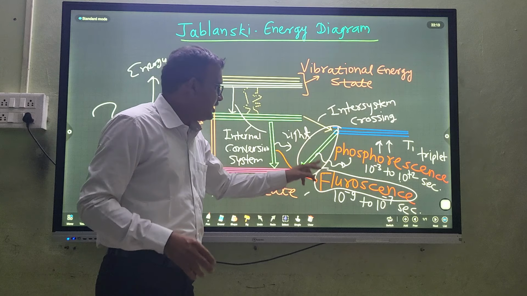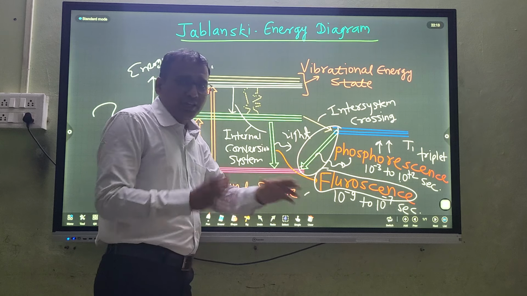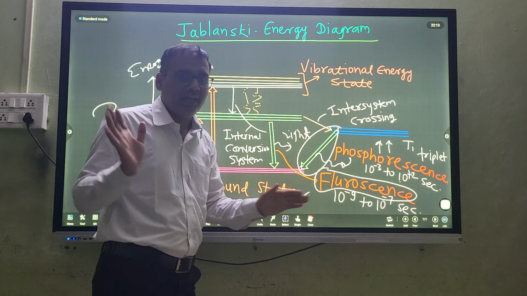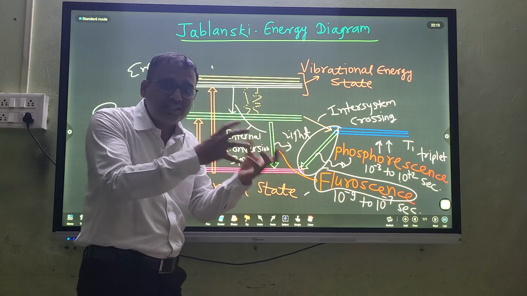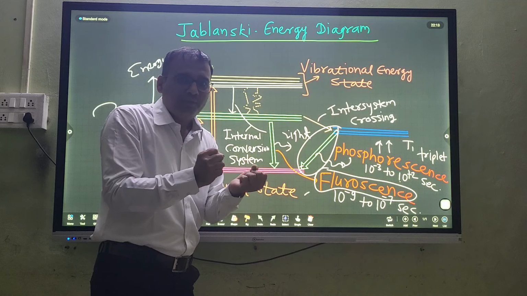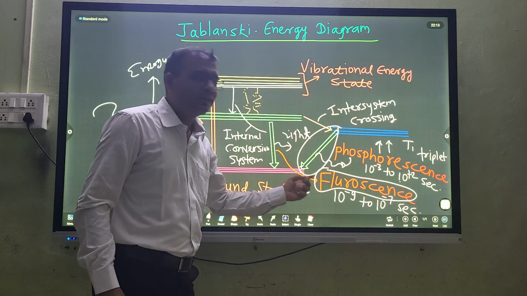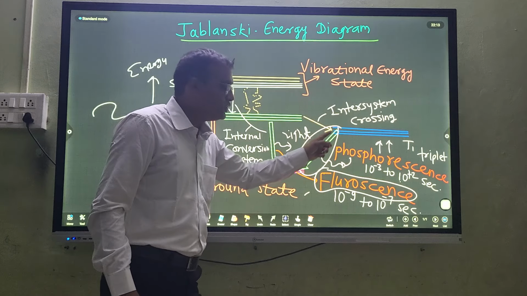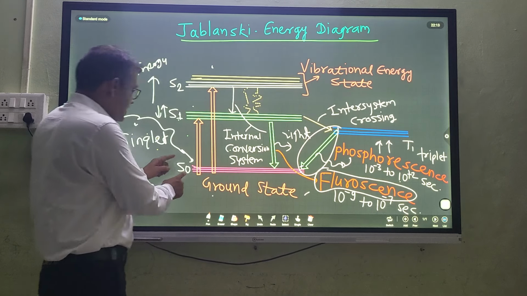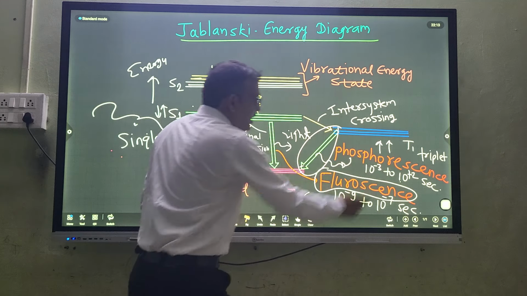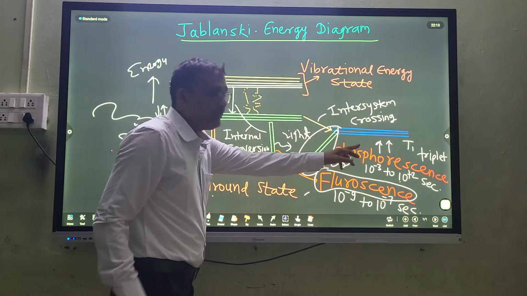Why? Because any chemical reaction takes the light from this region only. This is the singlet state, this is the triplet state, and this is phosphorescence.